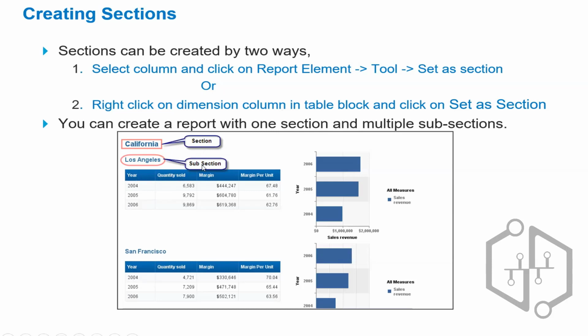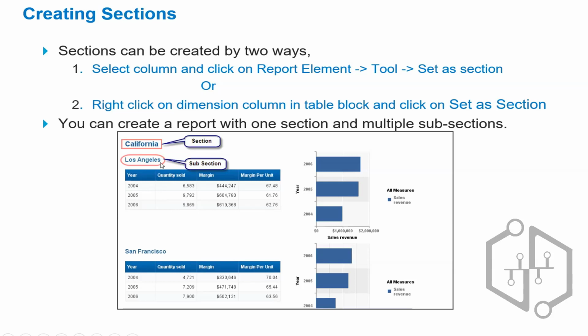Here we also have a subsection. State and city are both created as sections, so California is a section, and under it the subsection is Los Angeles. For California we have more cities like Los Angeles and San Francisco. So these are subsections.